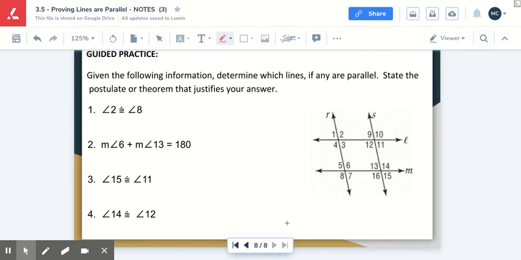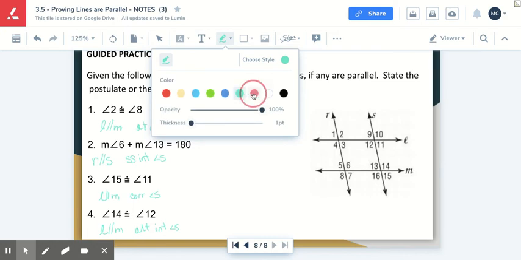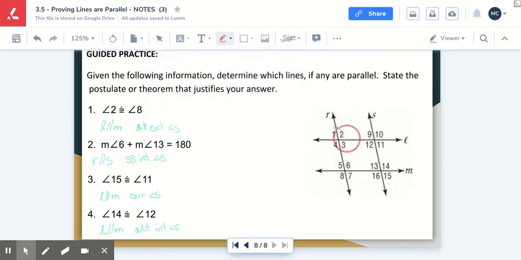Okay, so now we have a few more. Again, pause the video here and see what you can do with these. Okay, for these, the first bit of information they gave you was that angle 2 is congruent to angle 8. So looking at my picture over here, here's angle 2, and here's angle 8.